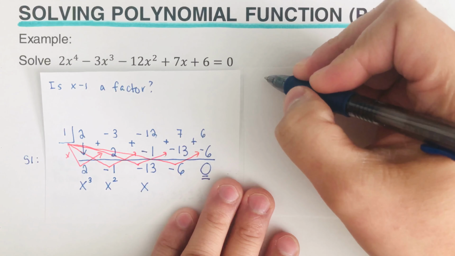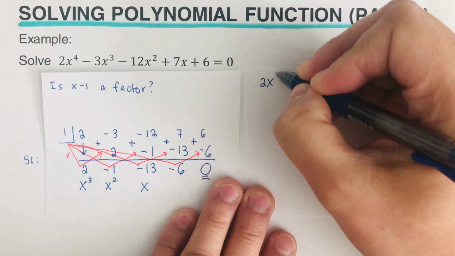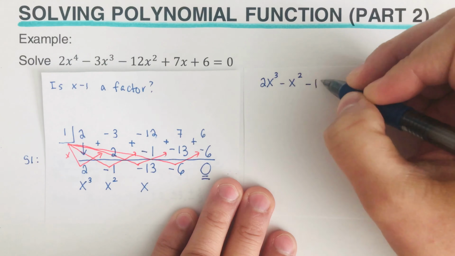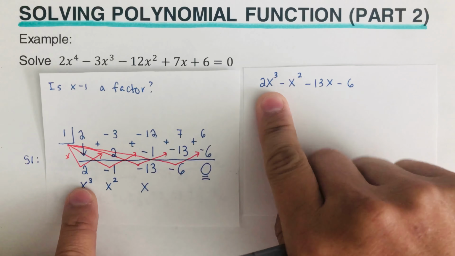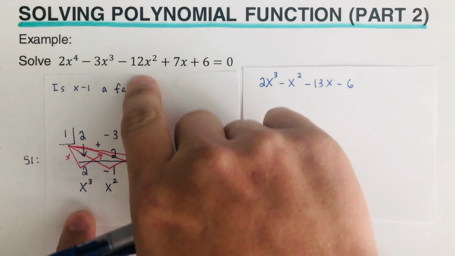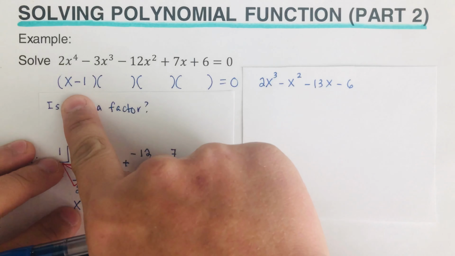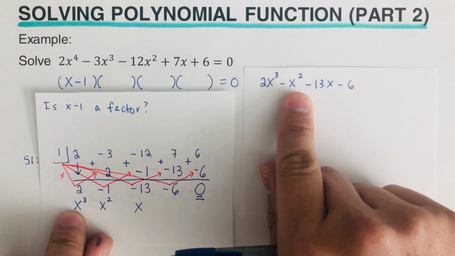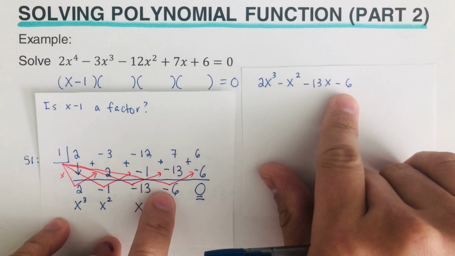The expression we're going to be working with is 2x to the 3rd power minus x squared minus 13x minus 6. So we narrowed it down from the 4th power since we found the first factor already, and so we are narrowing it down to the 3rd power. So 2x to the 3rd, negative 1x squared, negative 13x, and then minus 6.